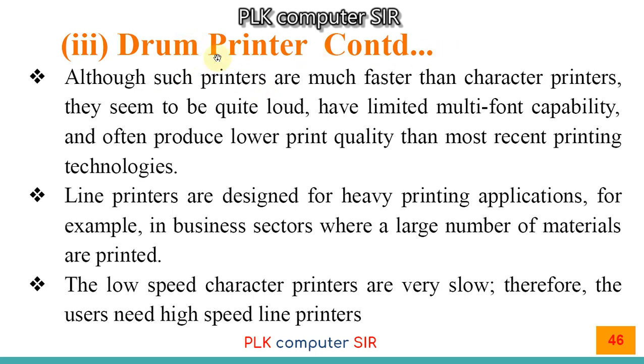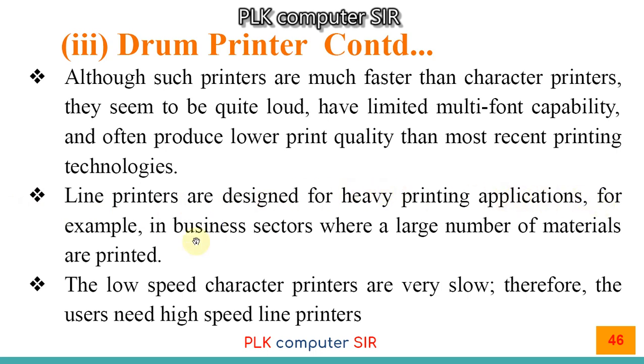Drum printer continue. Although such printers are much faster than character printers, they seem to be quite loud, have limited multi-font capability, and often produce lower print quality than most recent printing technology. So multi-font, different font designs, it cannot print. Line printers are designed for heavy printing applications.